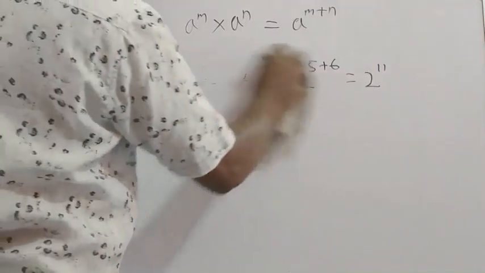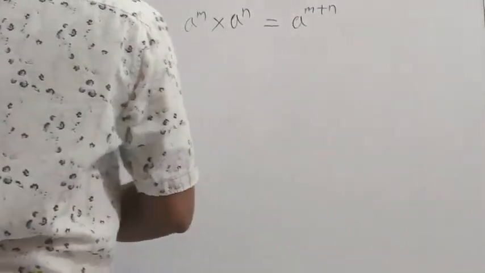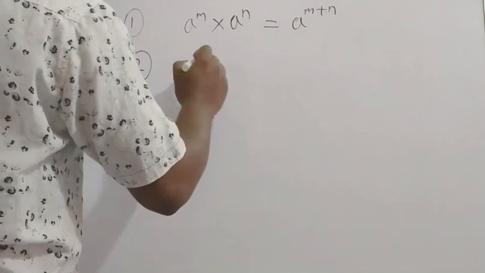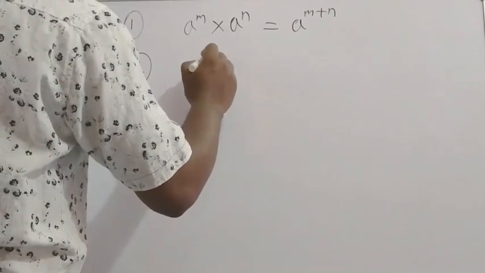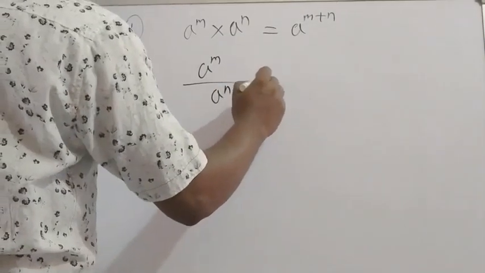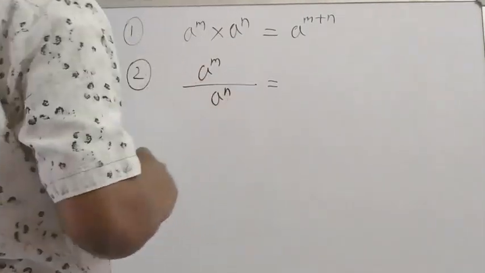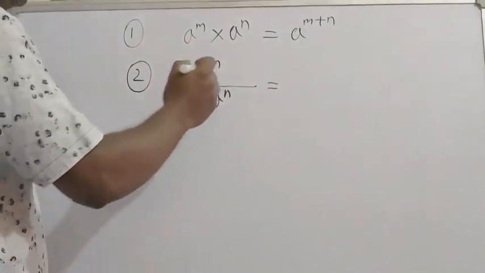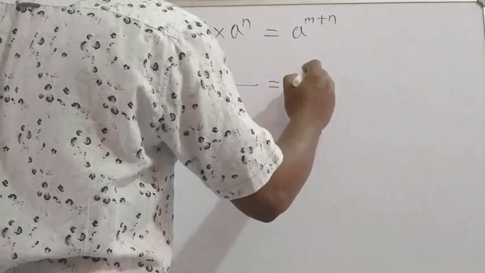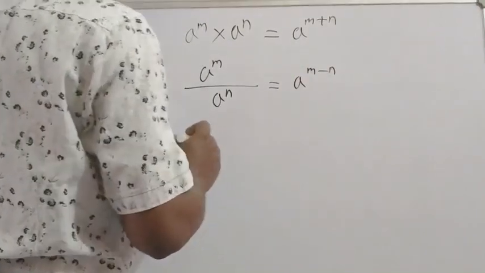Then come to the second formula. Suppose a to the power m divided by a to the power n. It was multiplication earlier, here it is division. If it is division, the power must be subtracted. So it will be a to the power m minus n.